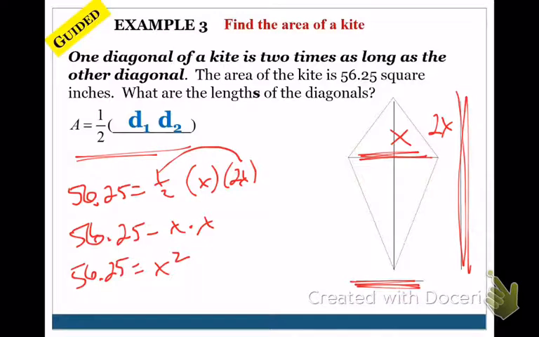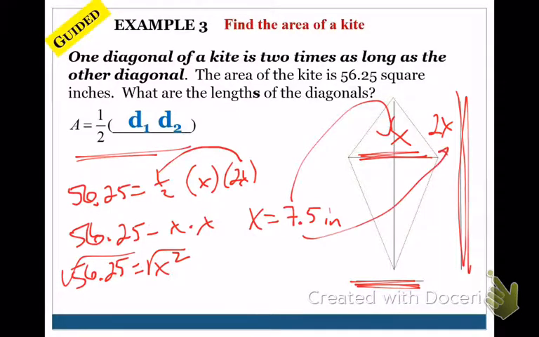And then we're going to square root both sides. And so x is going to end up being 7.5 inches, which means that diagonal is 7.5 inches. The other one is going to be 15 inches when you multiply 7.5 times 2.